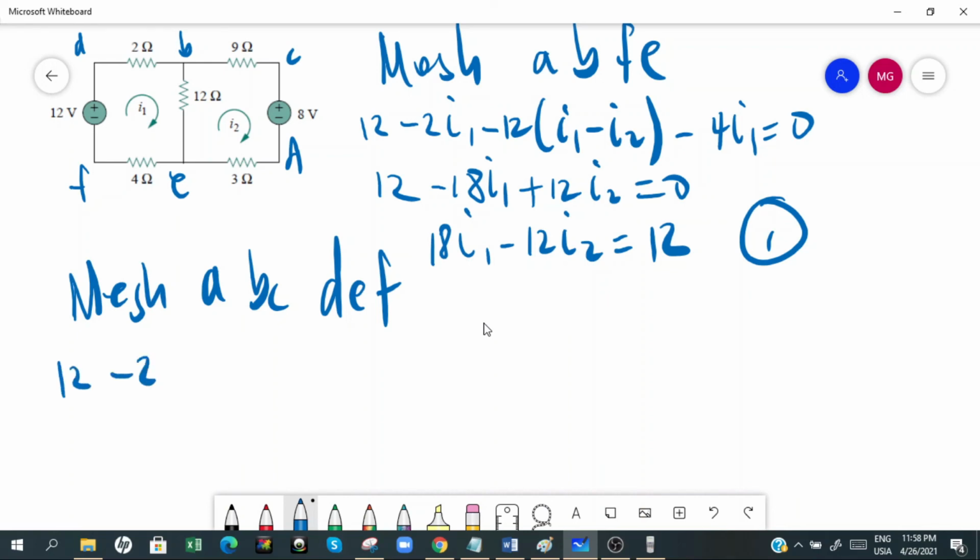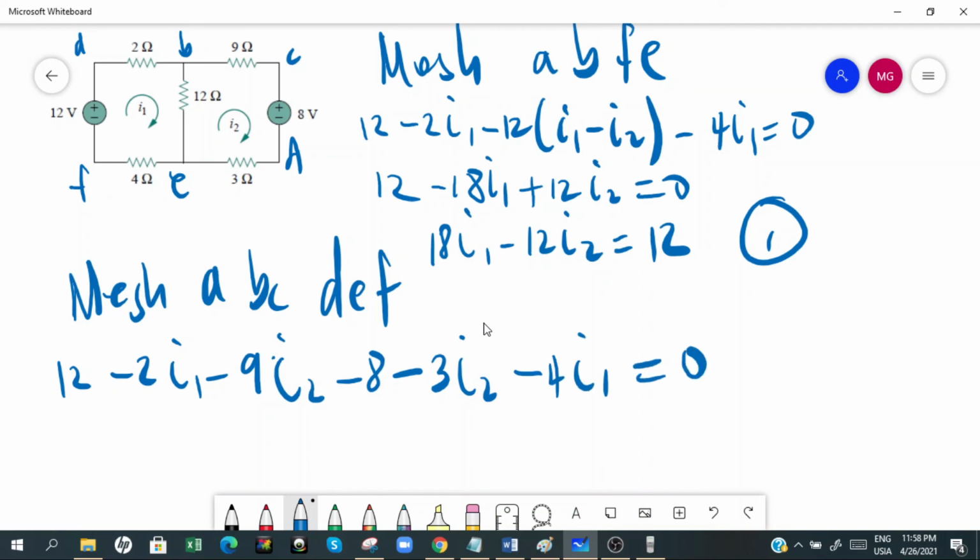Here we have minus 2 I1. Here we have I2, the same direction. So we have 2. No, not 2, but 9. Supposedly 9, I2. This one comes out at negative 8. This one is minus 3 I2. So now we have minus 4 I1 is equal to 0.